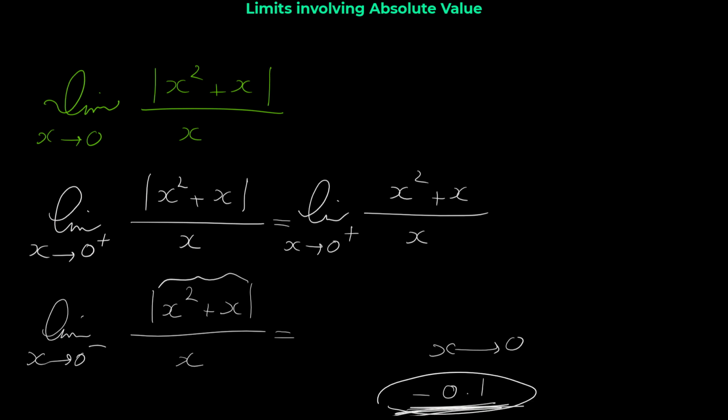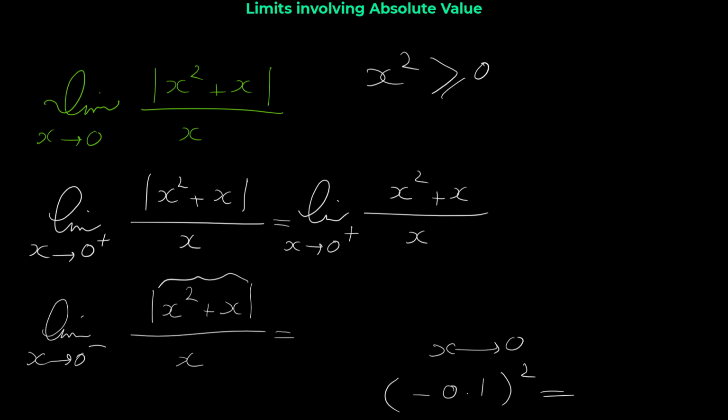And attention, this is not mathematically right, and it doesn't always work to consider x a number like this. If x is negative 0.1, x to the 2 would be positive. I told you, x to the 2 is always positive, for any value of x. Negative 0.1 to the 2 is 0.01.